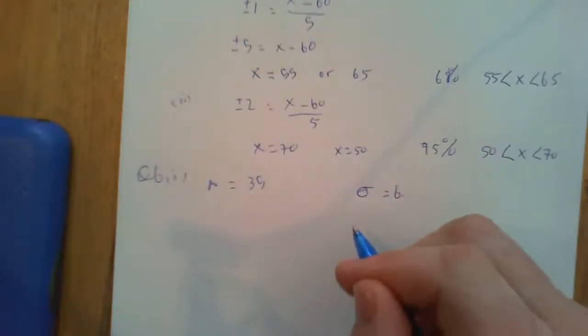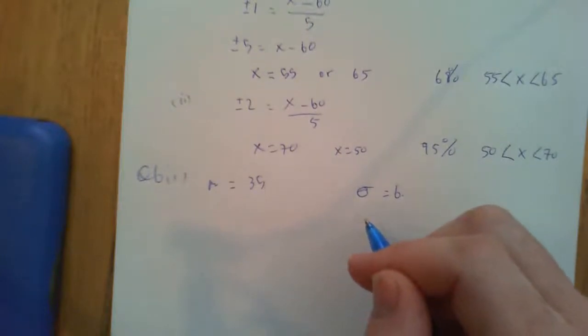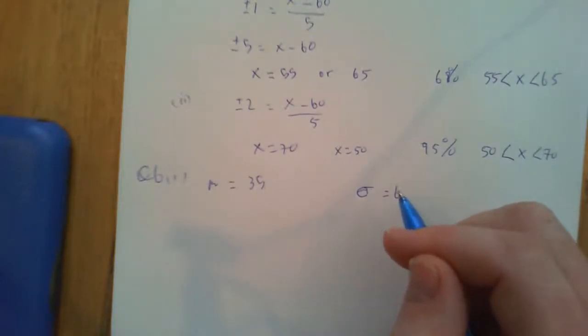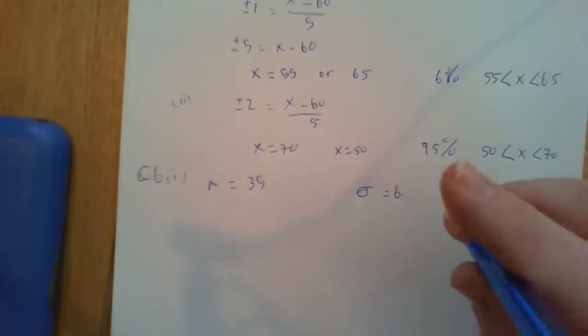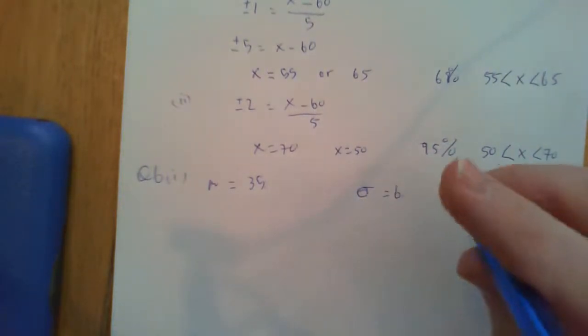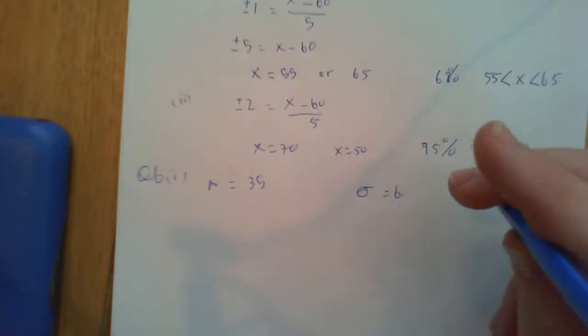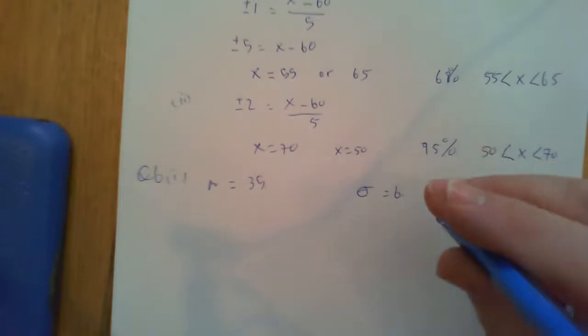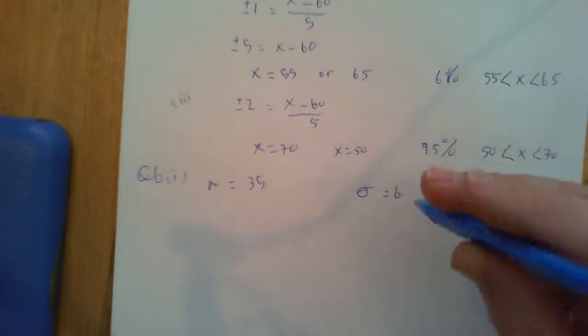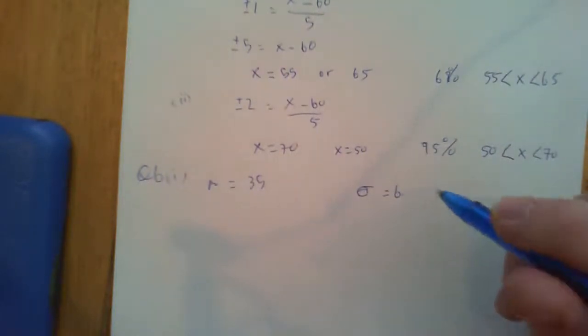What percentage of workers will take between 23 and 47 minutes? What percentage of workers will take longer than 47 minutes? And if there are 600 factory workers, how many will take between that amount?